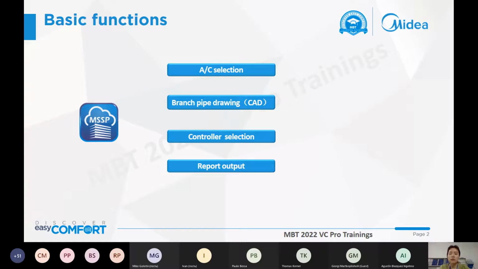And the last step is to export the report. When we finish the whole design of the system and calculate the system, then we need a report output. On this report, we have many detailed information, such as what kind of units we use, what types and sizes of the branch joints and the pipes, as well as the units.